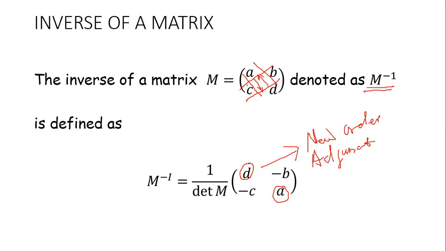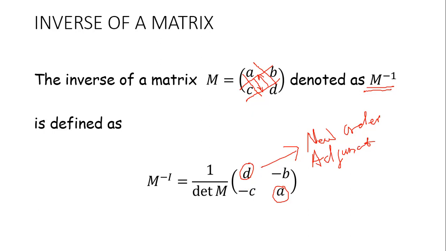Here it is positive, so it has changed to negative. The B is positive, it has also changed to negative. But in case the C is negative here, it will change to positive. So that is the procedure of how we find the inverse of a matrix.